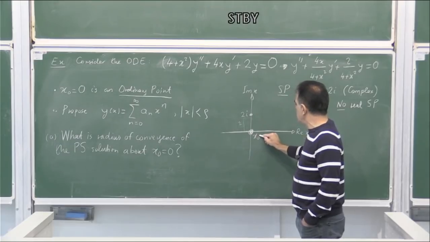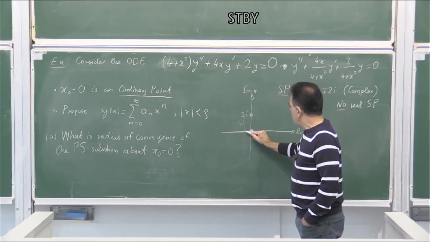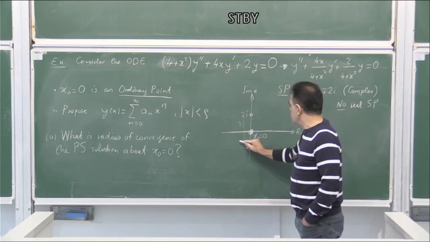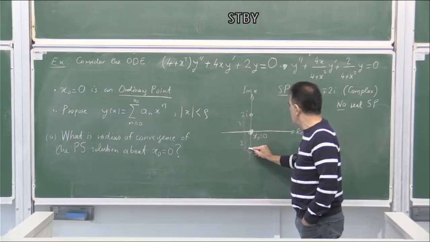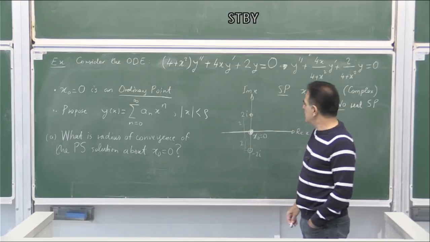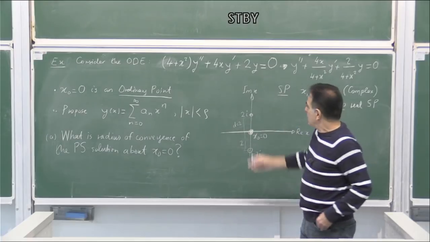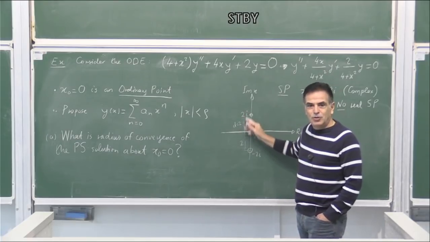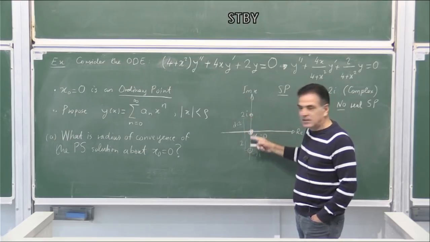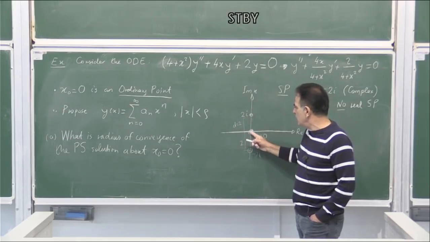We choose x0 equal to 0 as an ordinary point, and the distance from minus 2i is the same. What is important is the distance from the singular point to x0, and the two singular points have the same distance to x0. So the distance is 2.